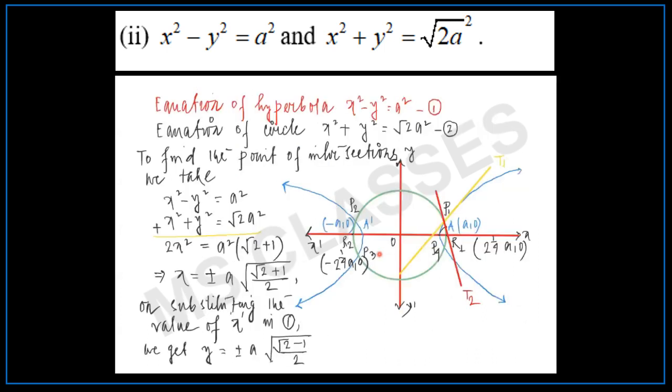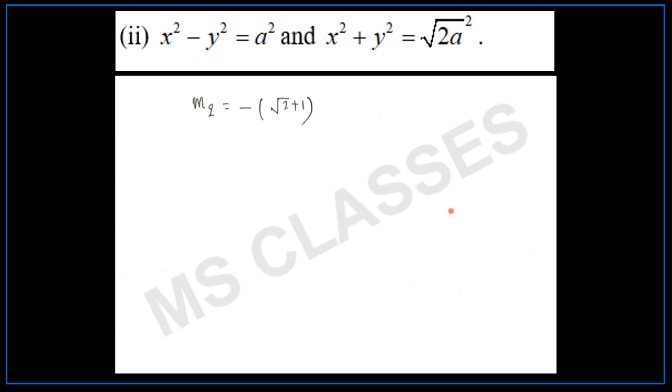So now we can find the angle between these two tangents. Obviously, we consider at first the acute angle.